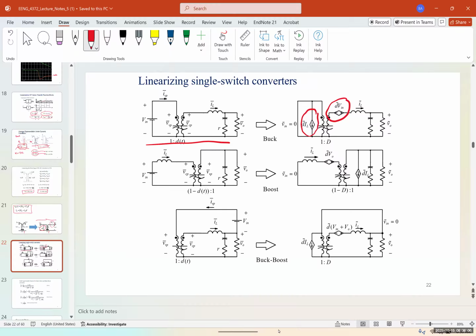For a boost converter, we would add the dependent voltage source in the input, and the dependent current source would go to the output. So it's the opposite of a buck converter. And for a buck boost converter, we add the dependent current source in parallel with the switch, and the dependent voltage source in series with the switch and the inductor.